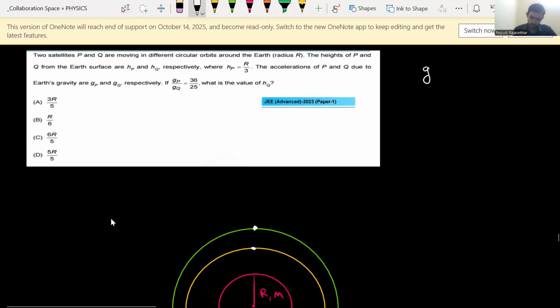So gravity at a certain height. What is the formula for gravity at a certain height? g at a certain height equals g divided by 1 plus h by R whole square. Right? Can you see if I write here? I think maybe you cannot see my writing in the video. Let me adjust this. I erase this.